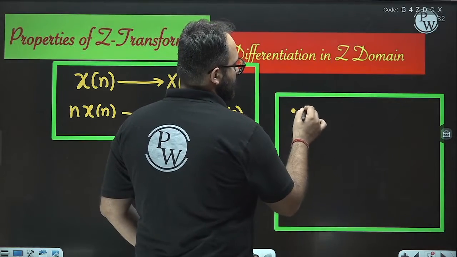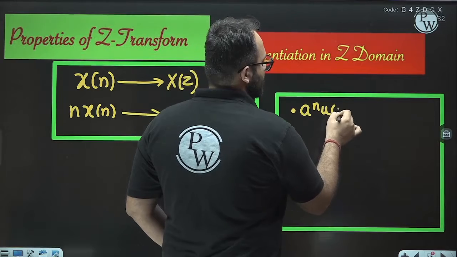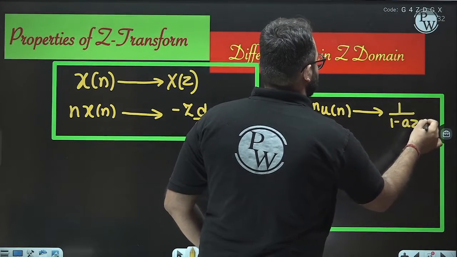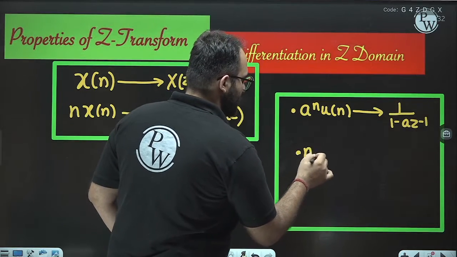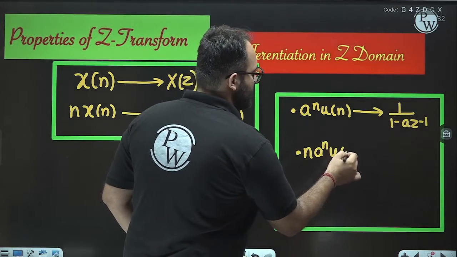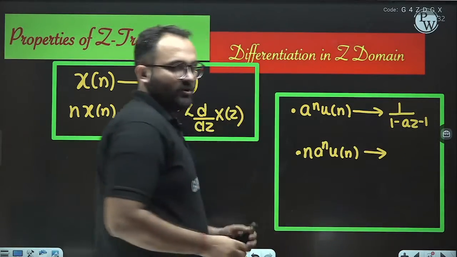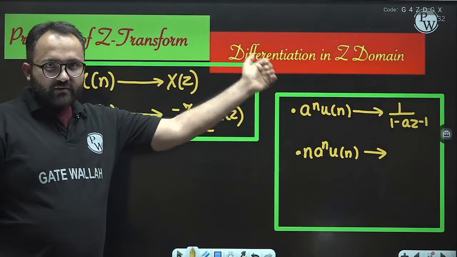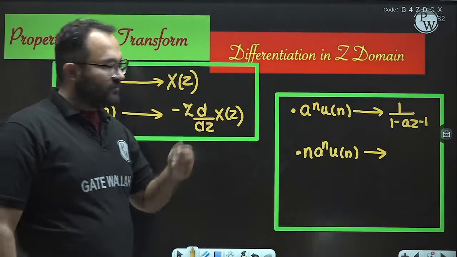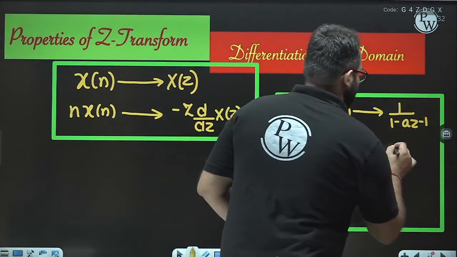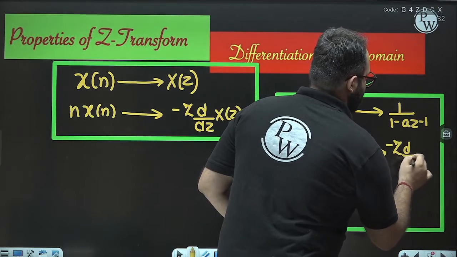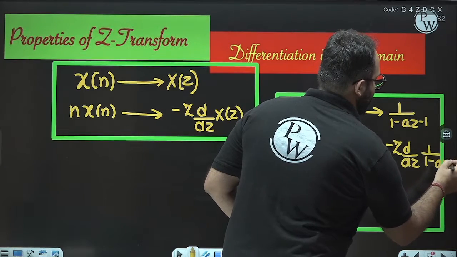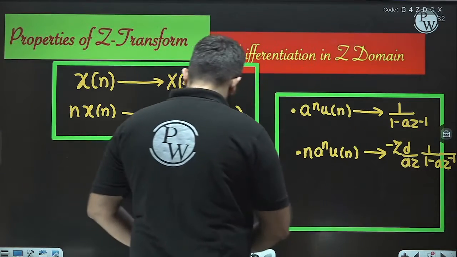We know that a^n u[n] has z transform 1 upon 1 minus a z inverse. So n a^n u[n] will have z transform, using this property, multiplication in time domain by n leads to differentiation in z domain, but with this term minus z. We differentiate 1 upon 1 minus a z inverse.